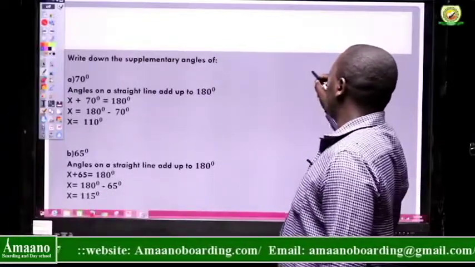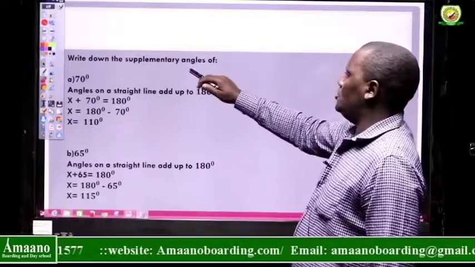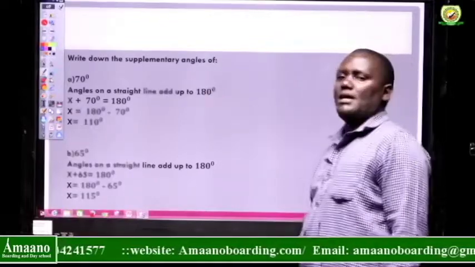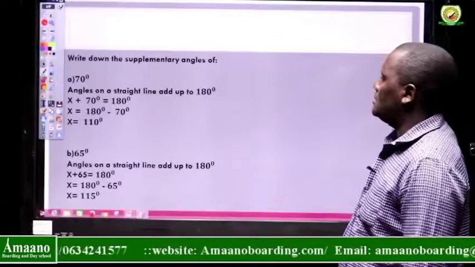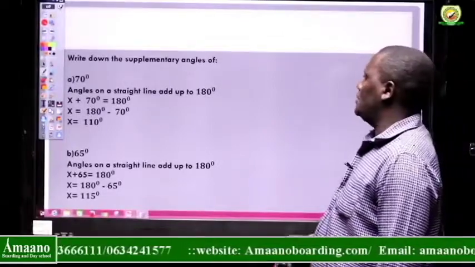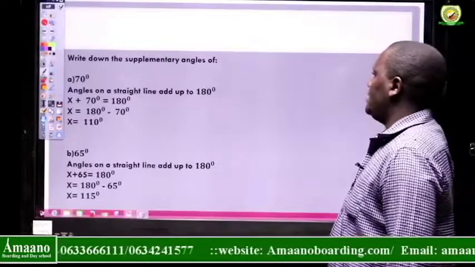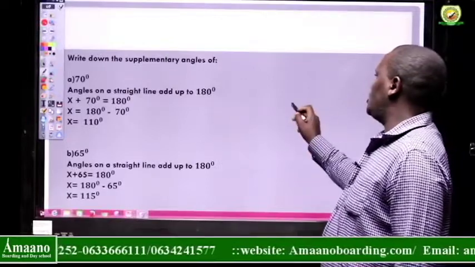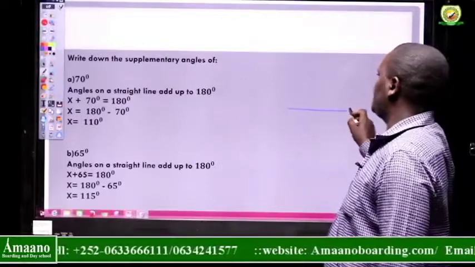But we know supplementary angle, those are angles that add up to 180 degrees. Those are the angles that are formed on a straight line. So we are given one side that is 70. So I can draw my diagram here.